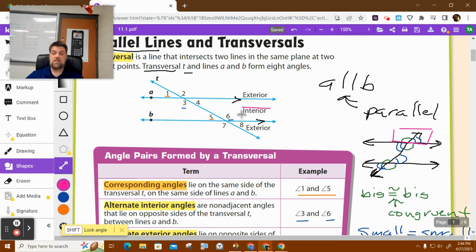The interior is inside these two lines. So it's from here to here. 4 and what's on the other side of the transversal? No, they have to be trapped inside here. So interior is between this line and it's on the inside of these two lines.